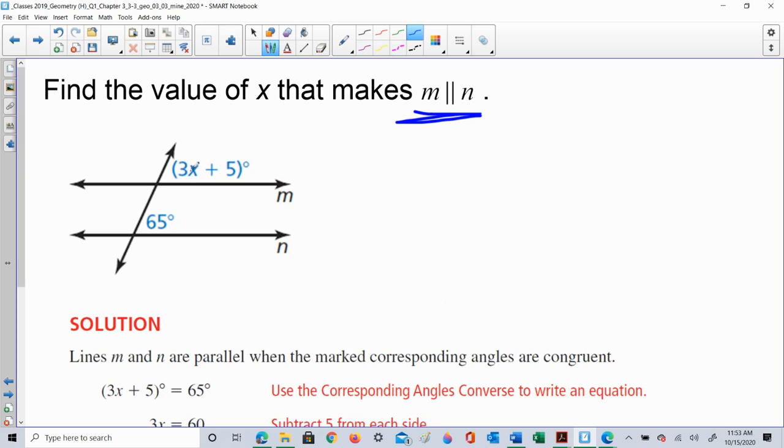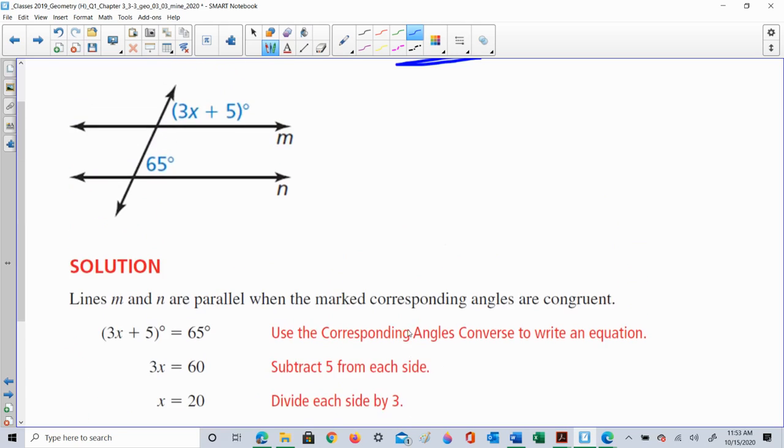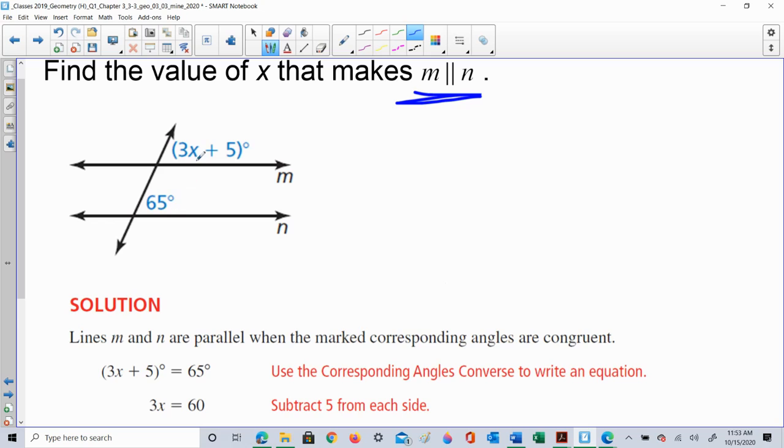So in order to find the value of x that makes them congruent, we set these two things equal to each other. 3x plus 5 equals 65. 3x equals 60. I subtracted 5 from both sides. Divide by 3. x is 20. So when x equals 20, these two lines will be parallel because 3 times 20 is 60 plus 5 is 65. These will then be congruent corresponding angles. If you have congruent corresponding angles, then you have parallel lines.